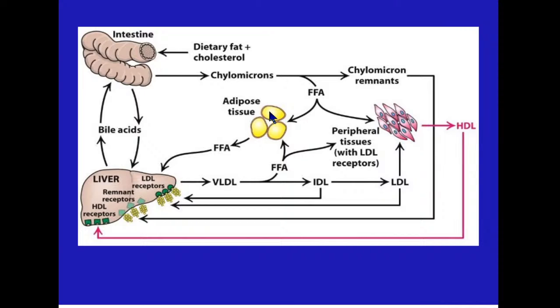When it will be necessary, free fatty acids with the albumin or in the content of low density lipoprotein will go to the liver where there are receptors for them. Remnant chylomicrons will be recognized by special receptors in the liver and taken.